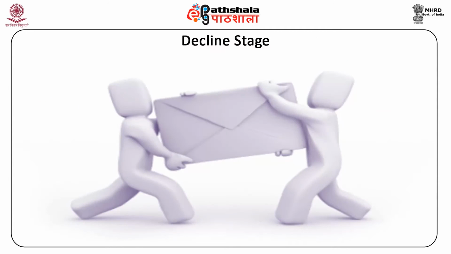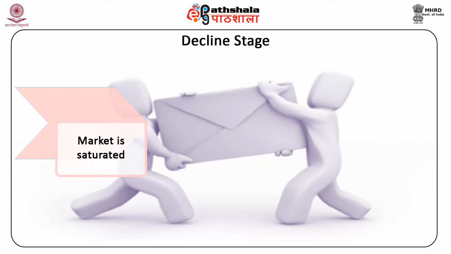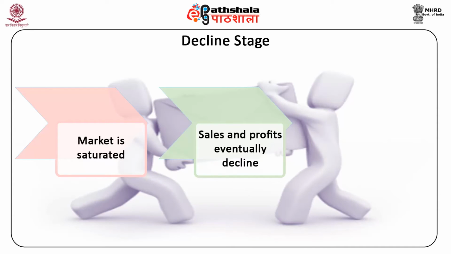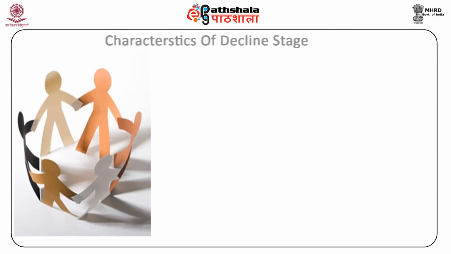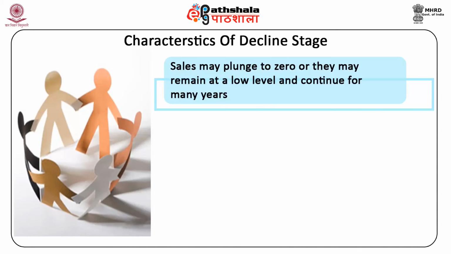The fourth stage is the decline stage. At this stage, the market is saturated, and sales and profits eventually decline. Decline may be slow or rapid. Characteristics of the decline stage. Sales may plunge to zero or they may remain at a low level and continue for many years.